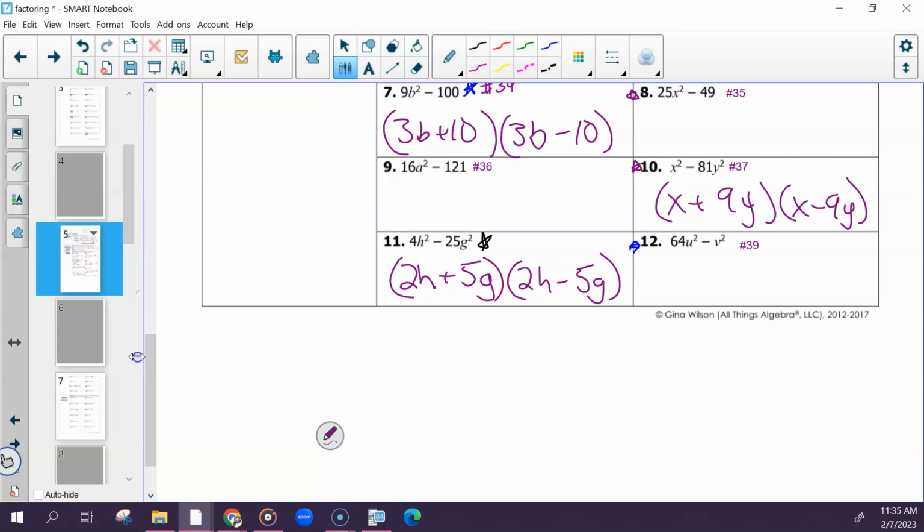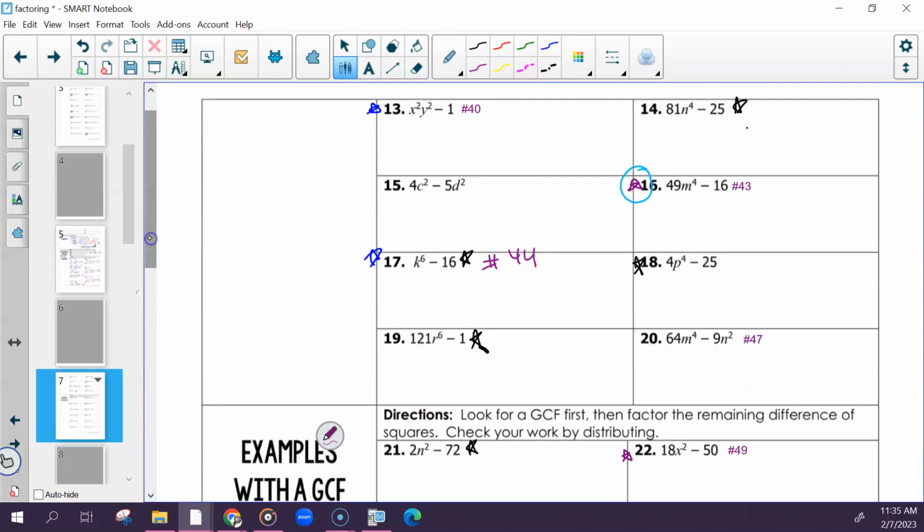Go ahead and flip over to the back. You're still doing the same thing here, but now some of them are a little bit more challenging.